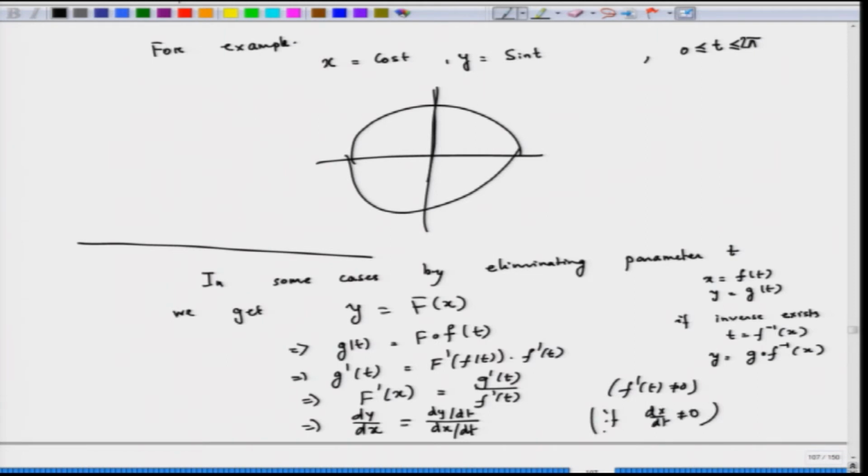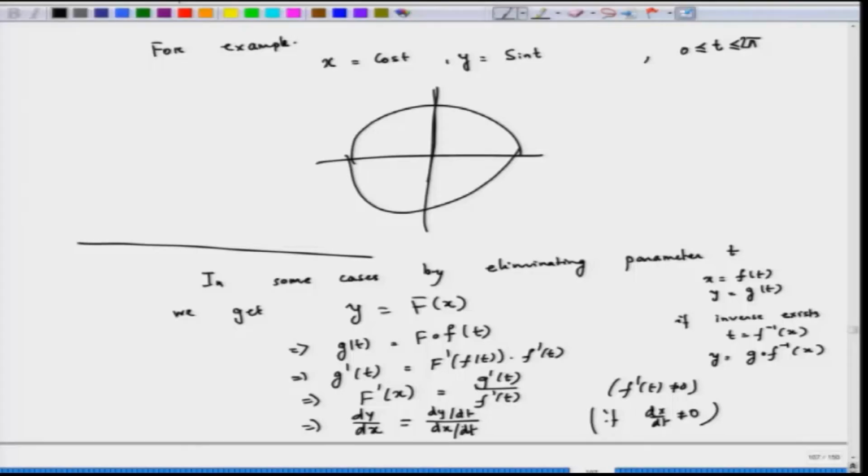This is what we are getting: if we can write y in the form of x, then dy by dx is equal to dy by dt divided by dx by dt.